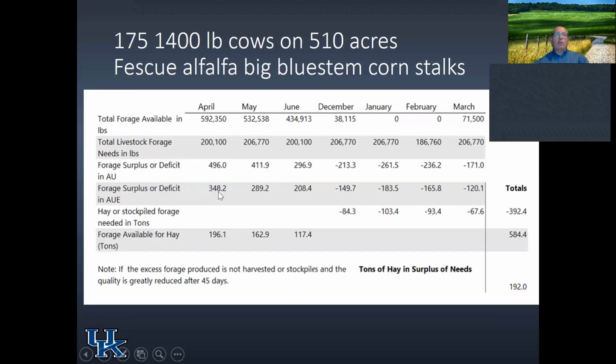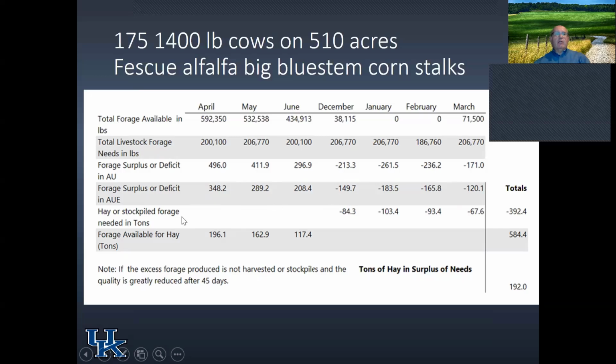You'll remember these are 1,400-pound cows versus 1,000-pound. So you can carry more 1,000-pound cows on a farm than you can 1,400-pound cows. But it gives you a surplus or a deficit calculation.